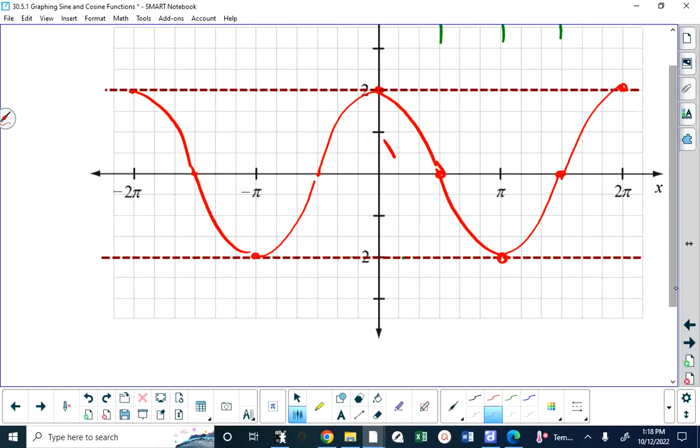What were we asked for here? I did give you a box at the bottom, right? Domain, range, amplitude, period. Are we okay with those 4 statements?